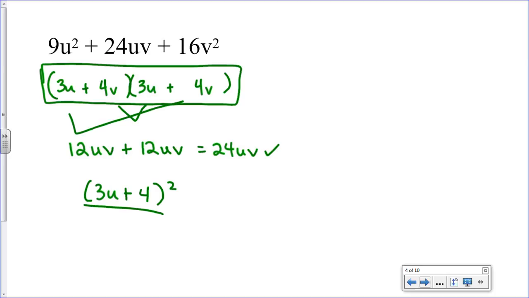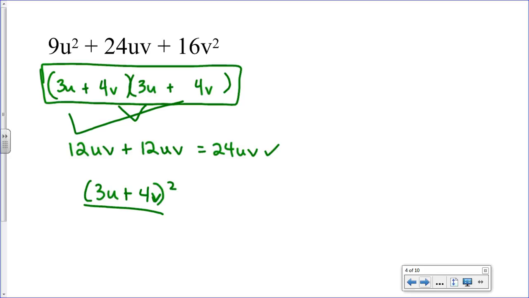Oh, 4v. Yeah, thank you. But it's still tough to go from this to this. The only thing that I could say would maybe give you a hint is if the first and the last are perfect squares, then you could try that first and see if it works. Okay.